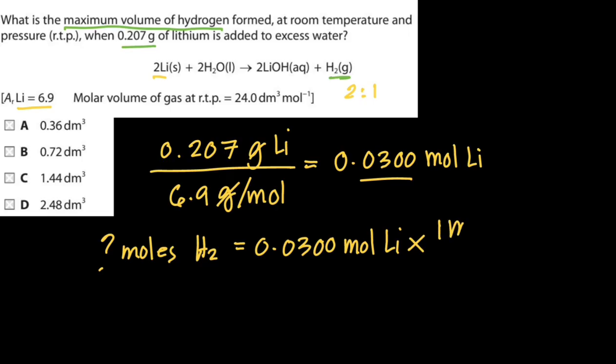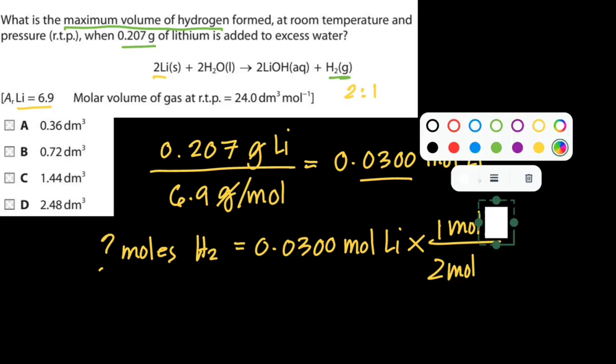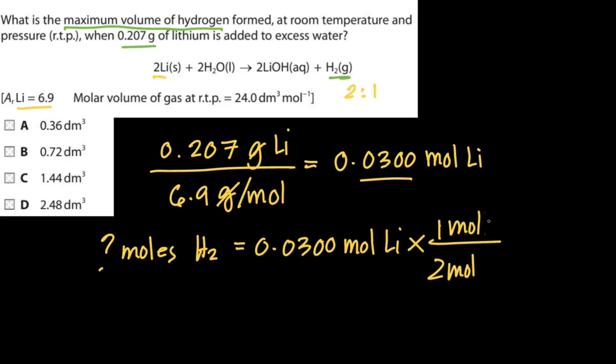So that is 1 mole hydrogen per 2 moles of lithium. So this cancels out, so we're left with the number of moles of hydrogen. So 0.03 divided by 2 is 0.0150 mole of hydrogen gas.